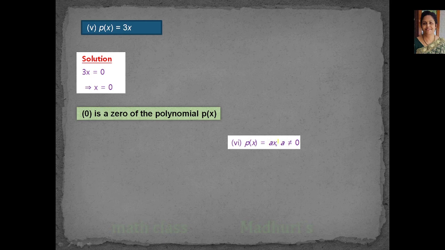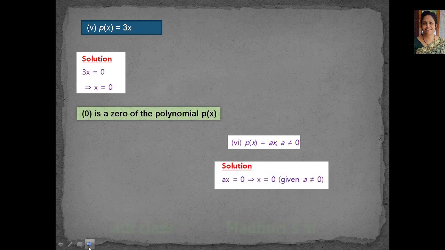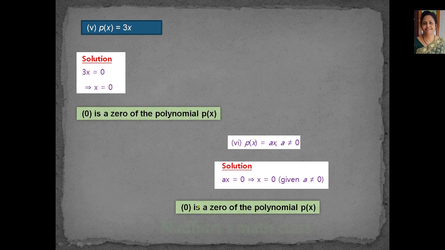Now next one, Px is equal to Ax, A not equal to 0. So when Ax is equal to 0 implies x is equal to 0, given A not equal to 0. That means x must be 0, otherwise the product will not be 0. So 0 is the 0 of the polynomial Px.